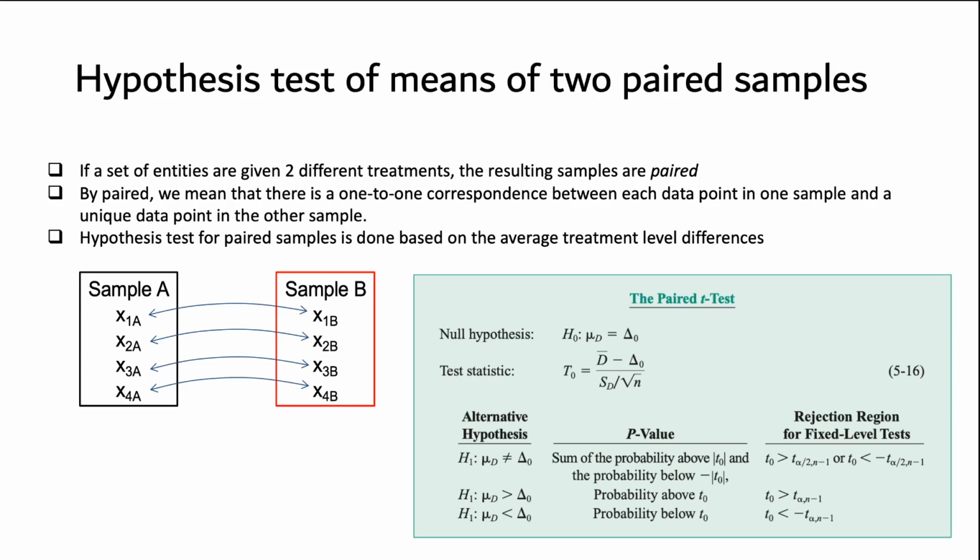That's d bar, the sample average of the n differences. s_d is the standard deviation of these differences. The alternative hypothesis, the p-value, and the rejection region for the fixed level test can be obtained on this slide as well.